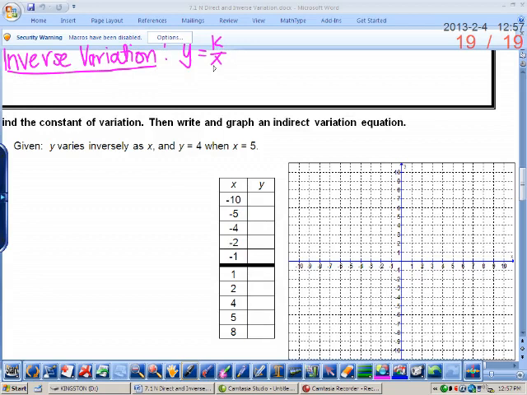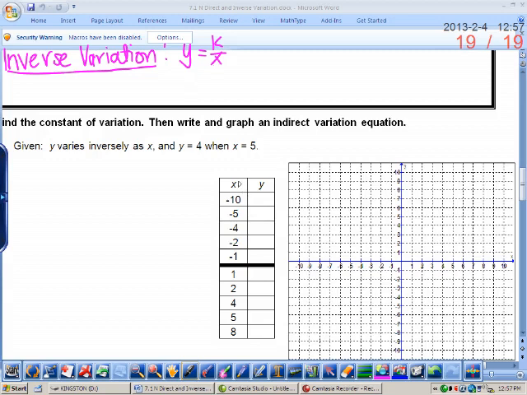Okay, so notice, where is your x this time? In the denominator. So with varies directly, you put your variable in the numerator. With varies inversely, the x goes in the denominator.